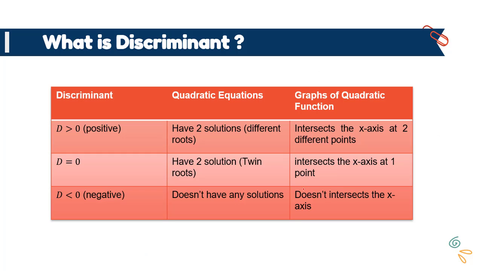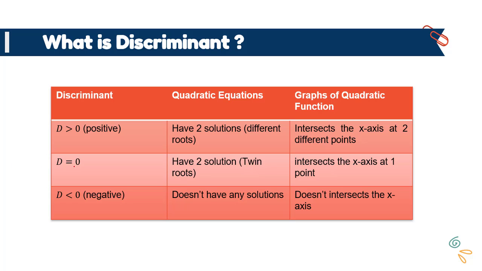And this is the table of the discriminant. For D greater than 0, or positive, the quadratic equation has two solutions or different roots, and the graph of the quadratic function intersects the x-axis at two different points.